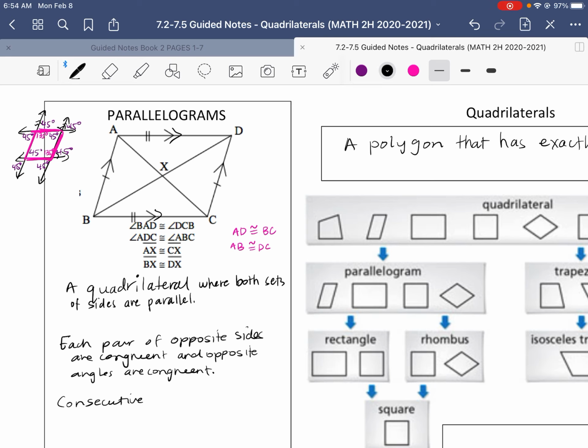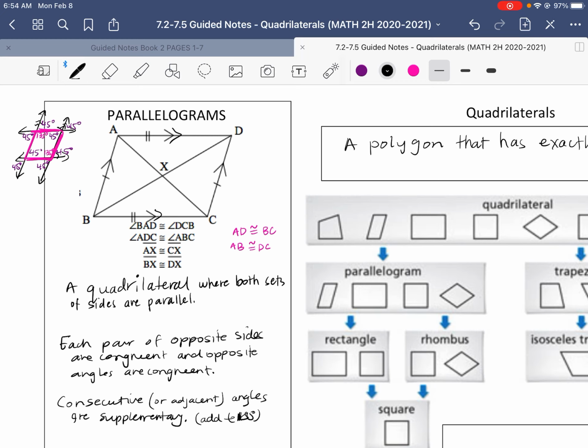So consecutive meaning two angles next to each other, or adjacent angles. They are supplementary, right? So they add to 180. Wow, if you can read my handwriting.